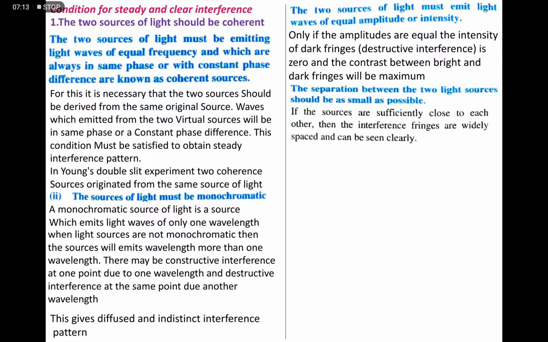Lambda is the wavelength, capital D is the distance between the source and the screen, and small d is the distance between the two coherent sources. If this distance is small, then the fringe width is in inverse proportion, meaning it is widely separated on the screen.